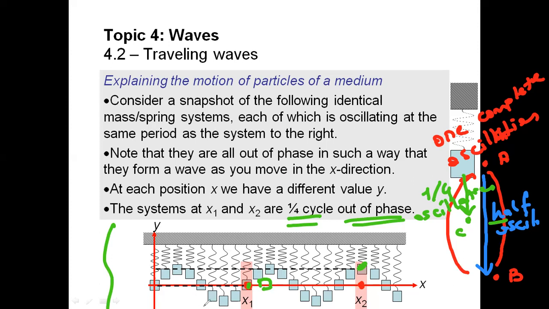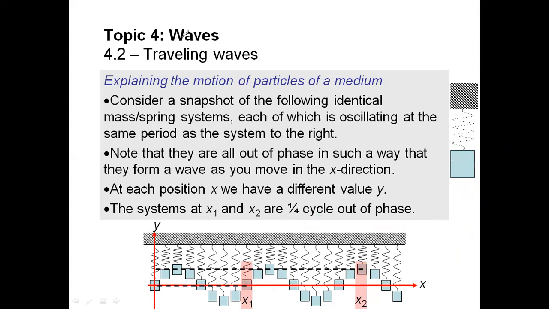And if you look at the positions for x1 and x2 on the y plane, they will be at this point and this. And we know that is equal to 1/4 cycle out of phase. Okay, let's continue.